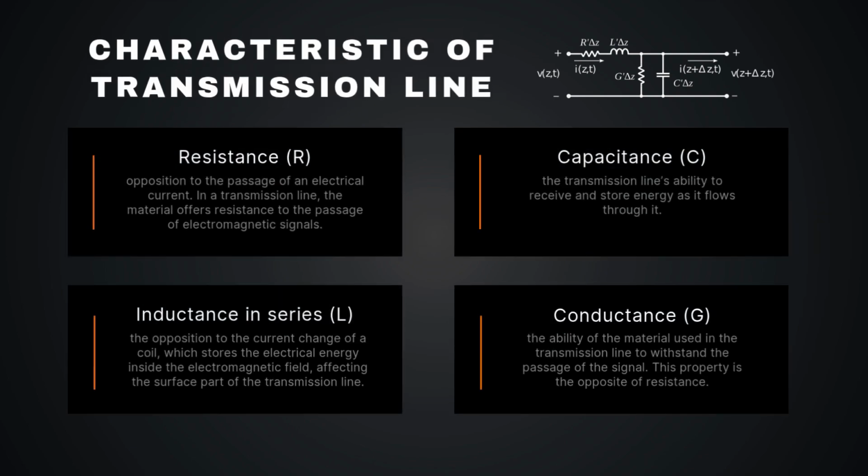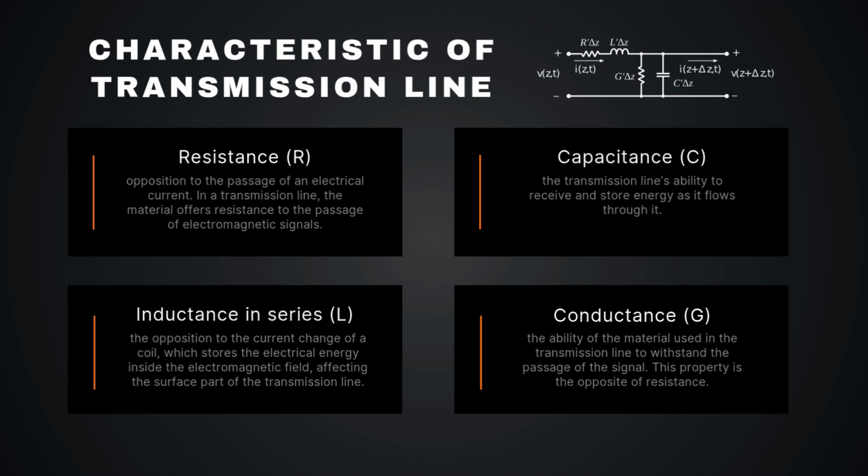Transmission lines have four main electrical characteristics. The first is resistance. This is the natural opposition to current flow in the conductors. Resistance causes heat and signal loss. The second is capacitance, the ability of the line to store energy in the electric field between the conductors. The third is inductance.